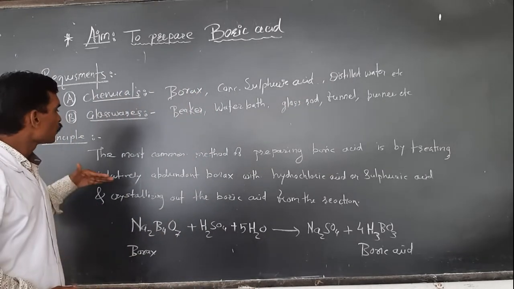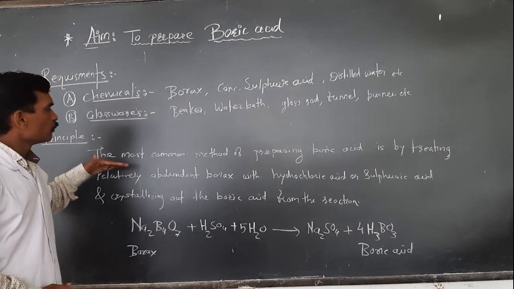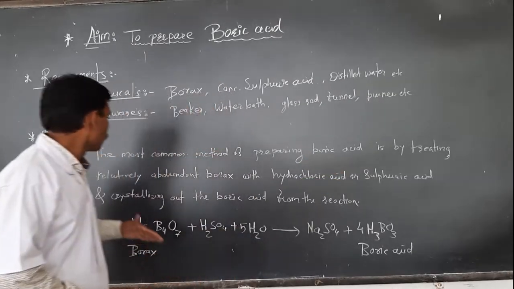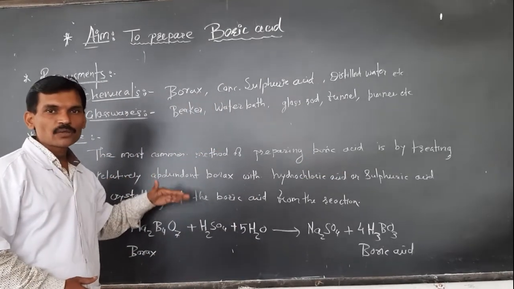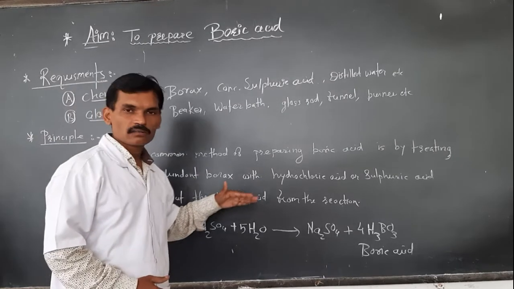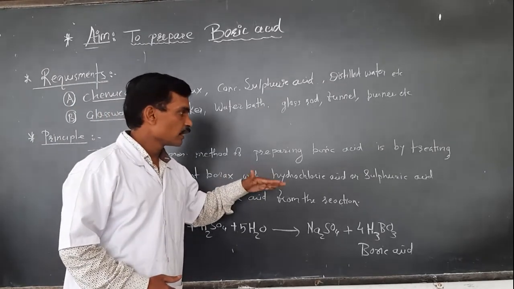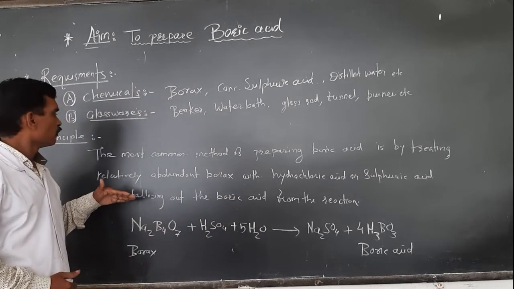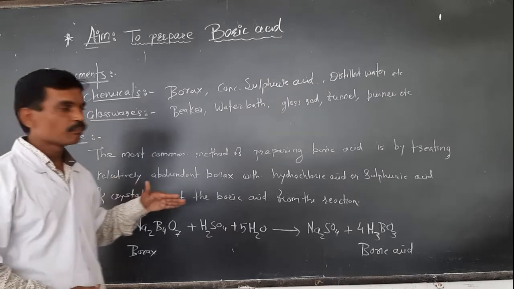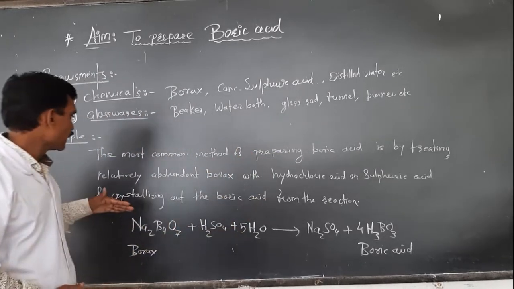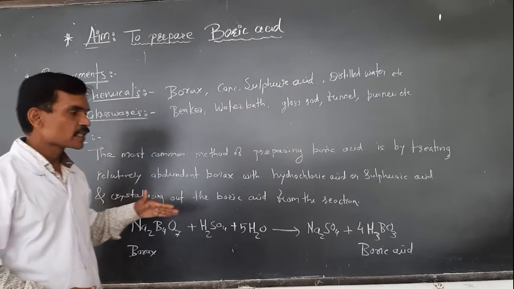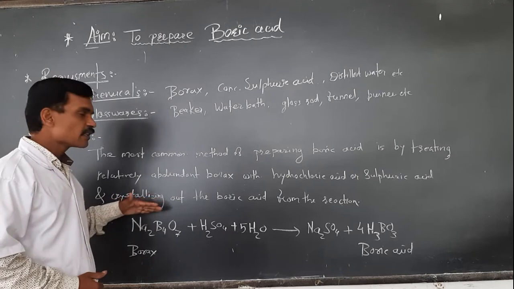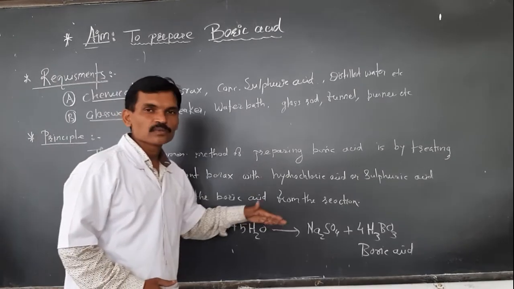Now the principle of today's practical. The most common method of preparing boric acid is by treating relatively abundant borax with concentrated or dilute sulfuric acid, or hydrochloric acid, and crystallizing out the boric acid from the reaction.